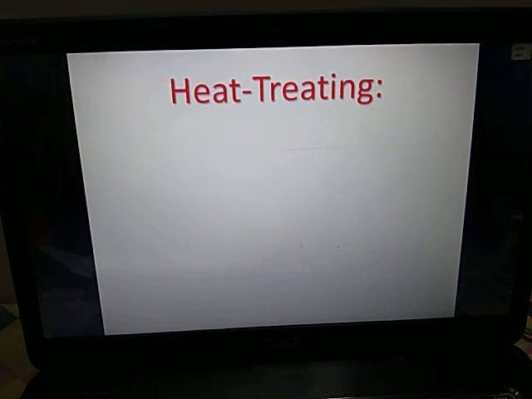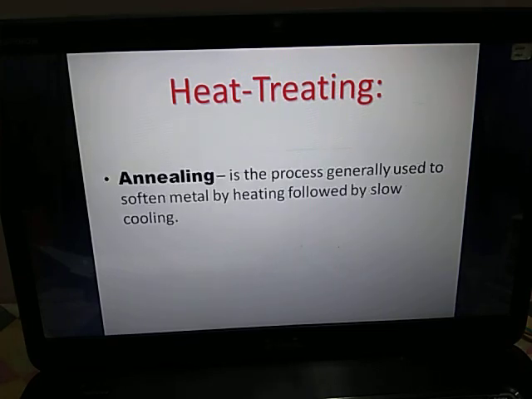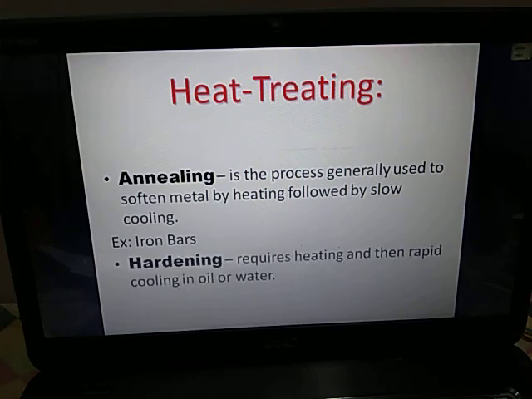There are different types of heat treatments, like annealing and hardening.